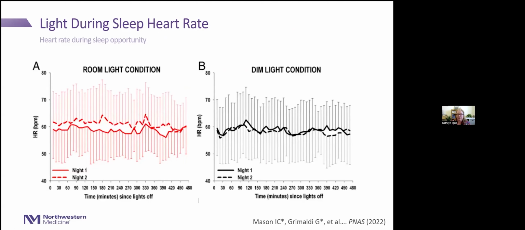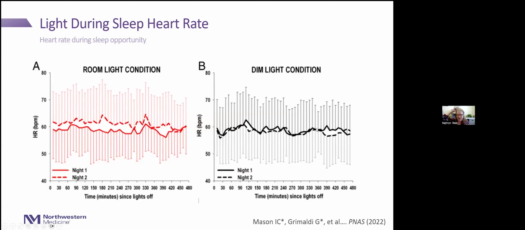But what we also did see is that during the night with sleeping with the lights on, heart rate was consistently higher across the night than when someone slept in the dark. And when someone slept in the dark, in the dim conditions, there was no difference at all.